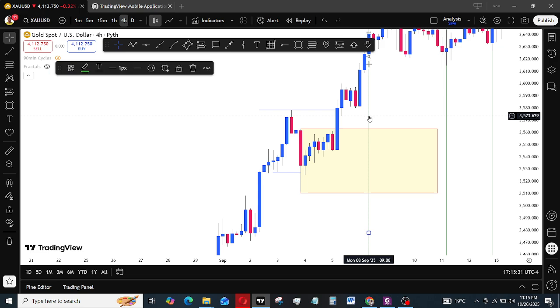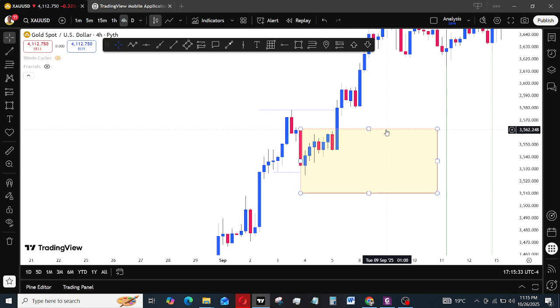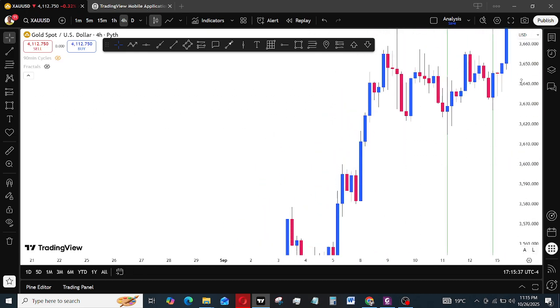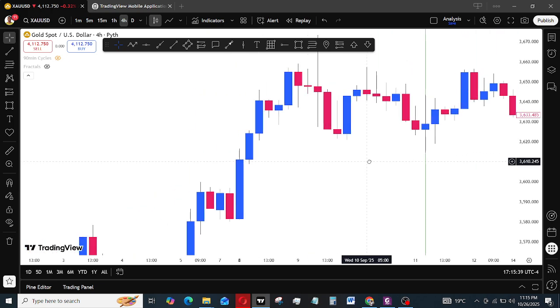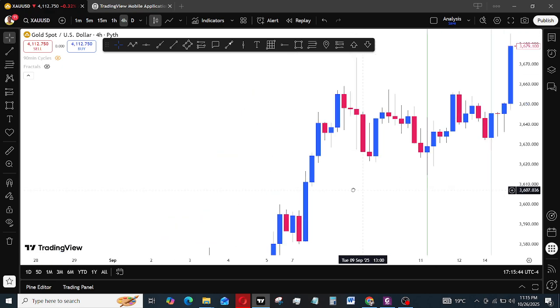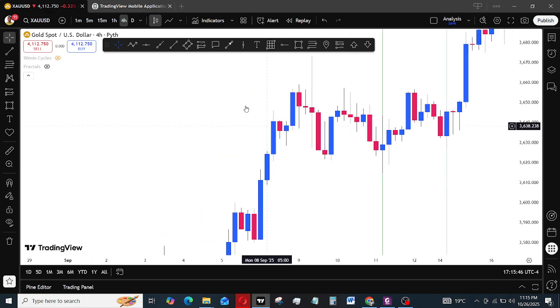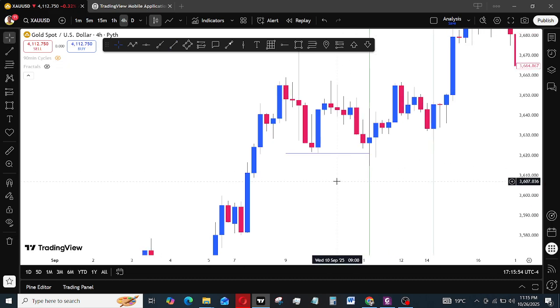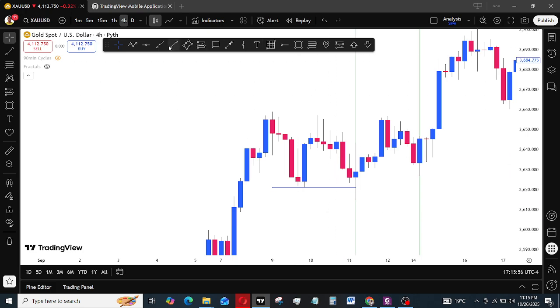Another example of the same order block which has swept liquidity is around this area. We see that price came, it swept the liquidity which was resting around here, and then it broke market structure.